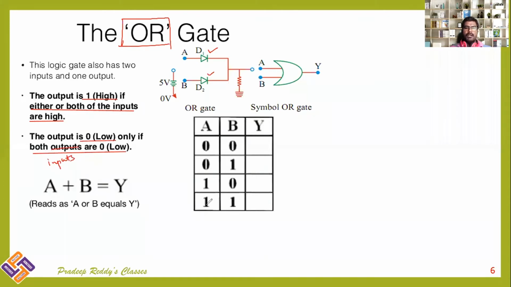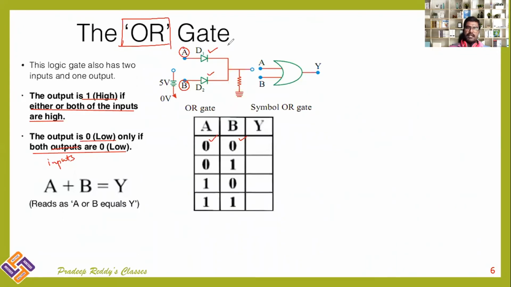Now for this junction diode, we have two inputs, A and B. Observe carefully the logic of the OR gate. Input we are giving 0, 0. That means for A and B, for both the junctions, we are providing a negative signal which represents 0.